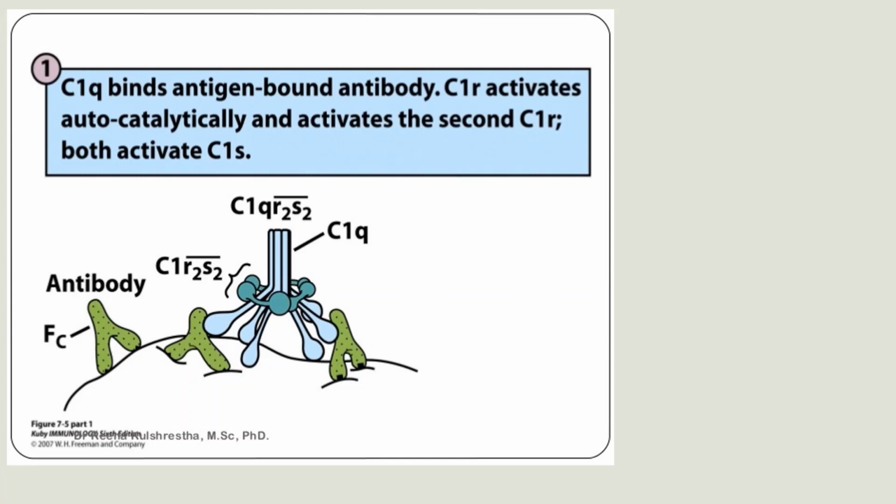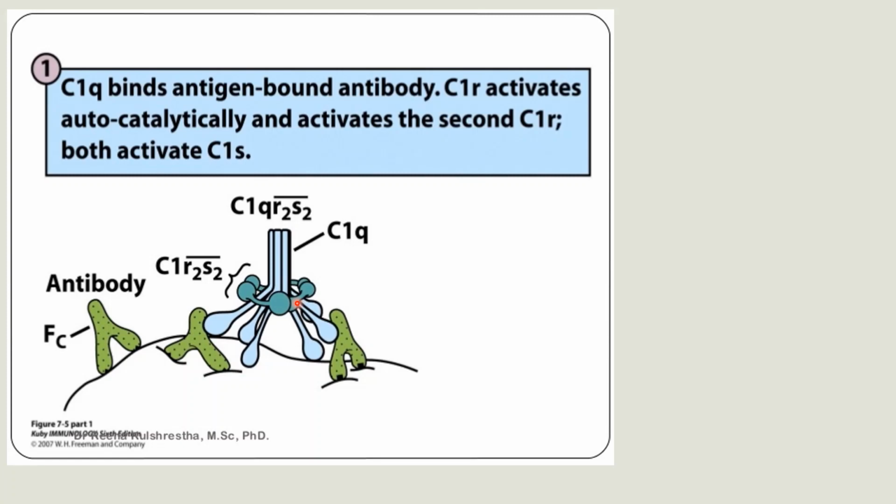So the globular domain of this C1 will bind with the Fc region of this antibody, which may be IgG or IgM. This binding of C1q to the Fc binding site induces conformational changes in C1r, and that converts C1r to an active serine protease enzyme.